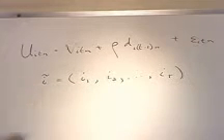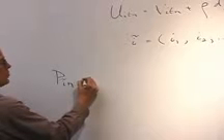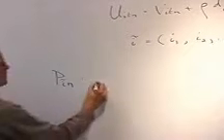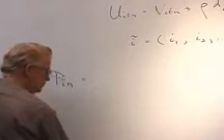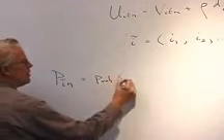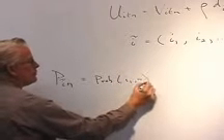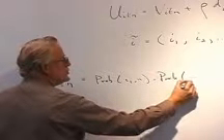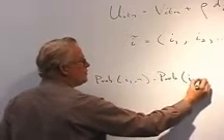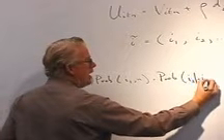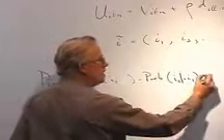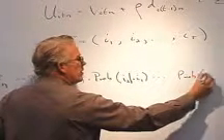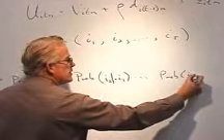The probability that person n makes a particular sequence of decisions can always be represented, and we'll use this other times for more general models also, as the probability that they choose alternative i1 in the first period, times the probability that they choose alternative i2 in the second period given i1 in the first period, on up to the probability of i capital T given i t minus 1.